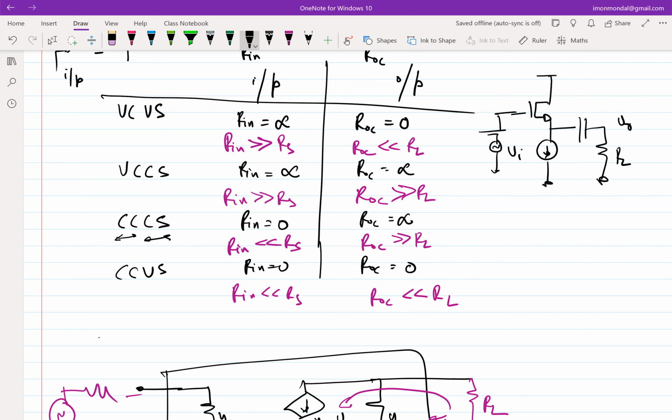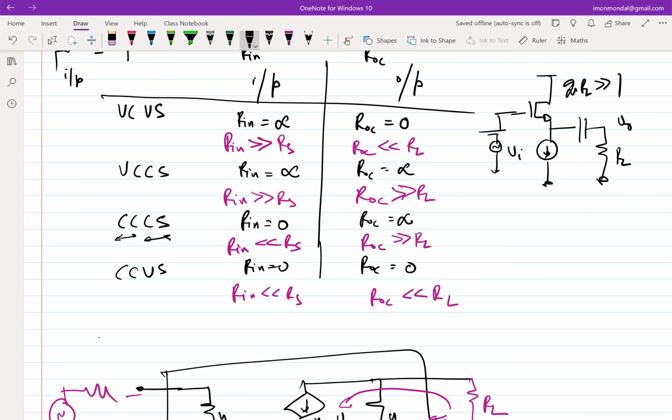If you can ensure that GM RL is much greater than 1. What type of source is this? What about the input side? Yes, so it's a voltage controlled source. Output side? Yes, it's fairly the same voltage.